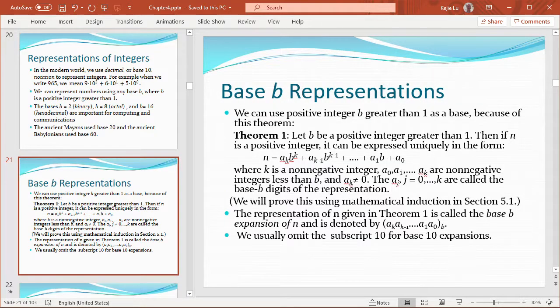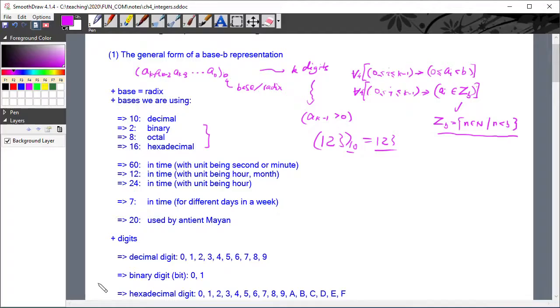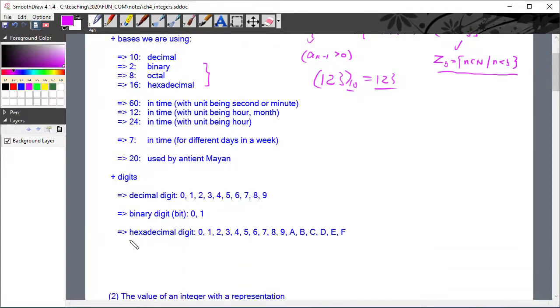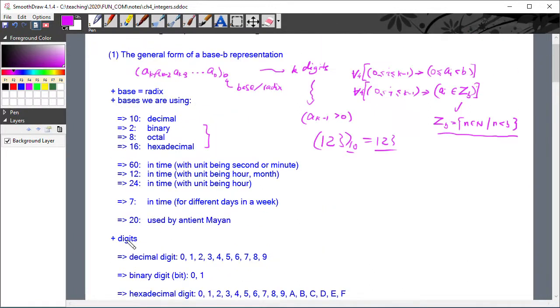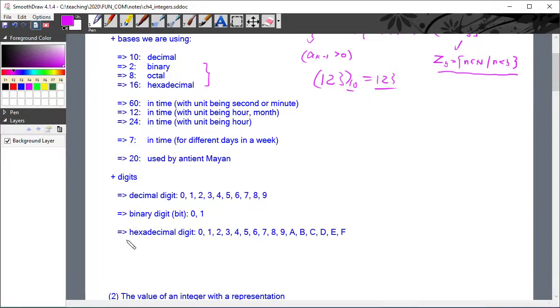Anyway, next issue. For each number system, each base system, we need to use different digits to describe the number in that system. For the decimal digits, we are very familiar with. There are a total of 10 digits: 0, 1, 2, 3, 4, 5, 6, 7, 8, 9.